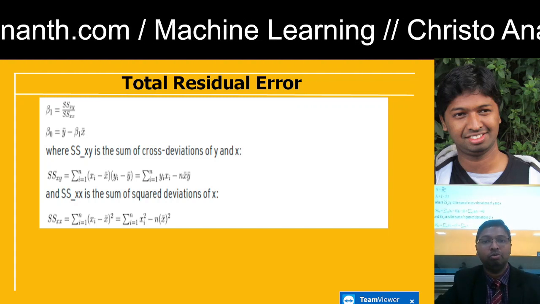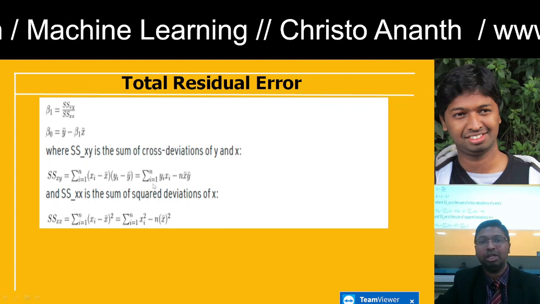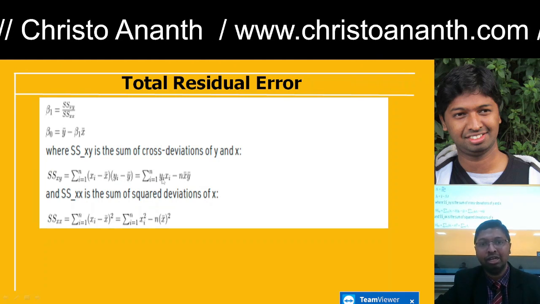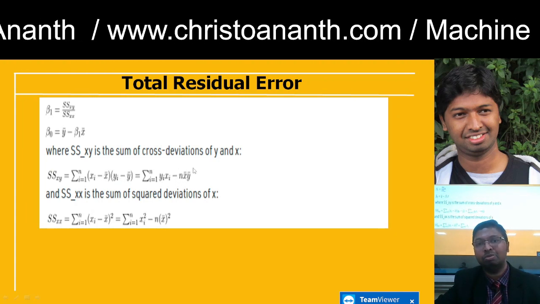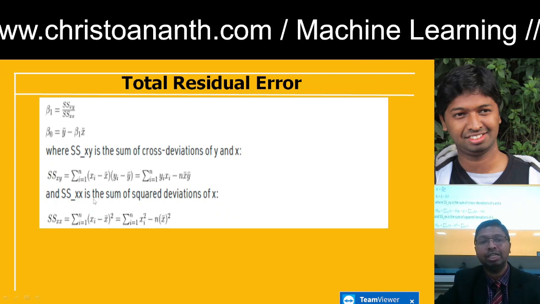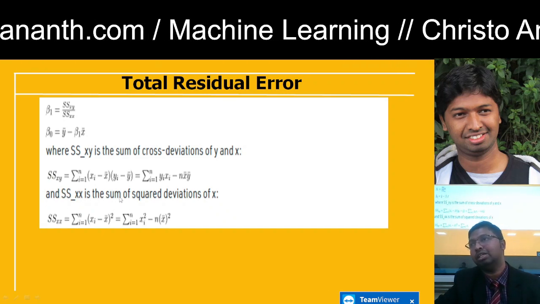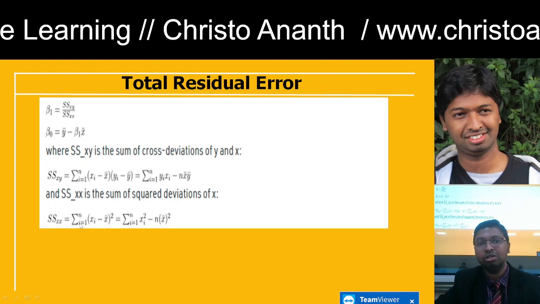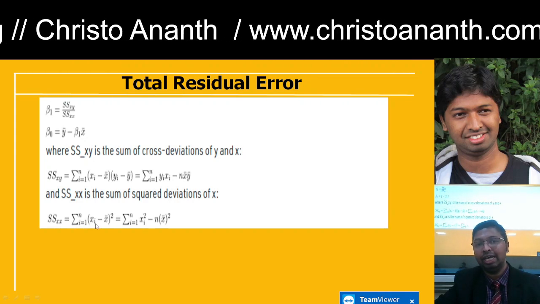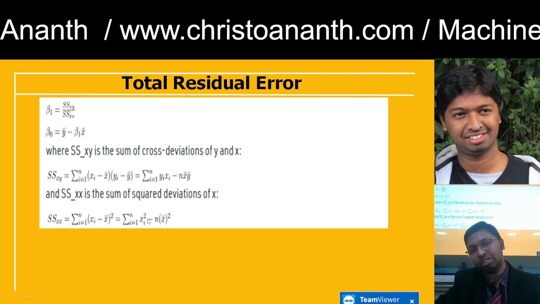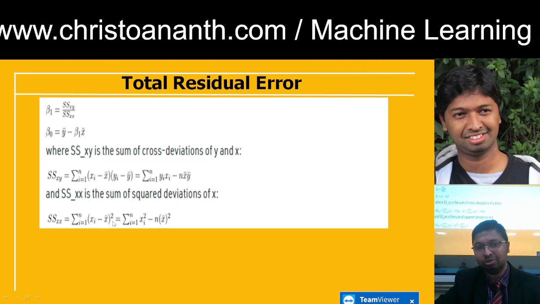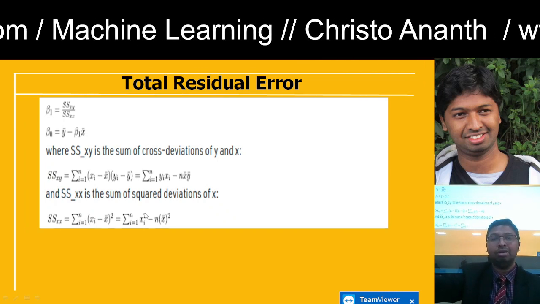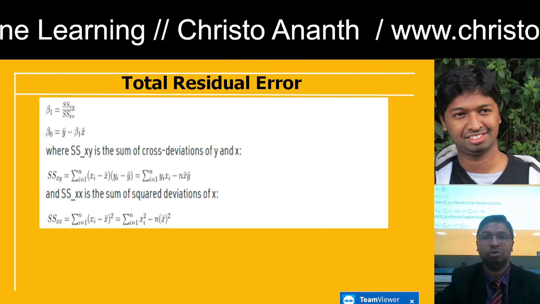This equals the summation from i equals 1 to n of yi xi minus n x bar y bar. Sxx is the sum of square deviations. So Sxx equals the summation from i equals 1 to n of (xi minus x bar) whole square, which can also be written as the summation of xi square minus n times x bar whole square.